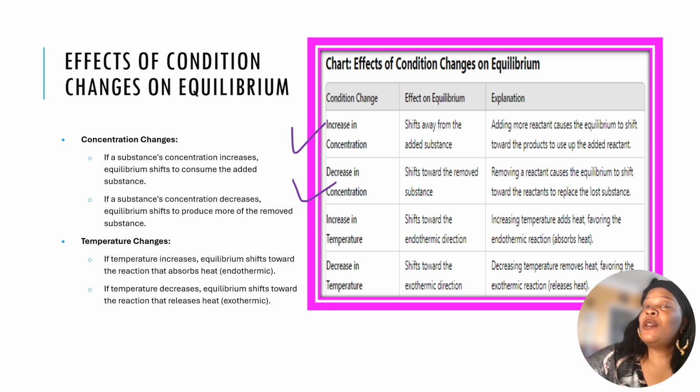On the other hand, if the temperature decreases, equilibrium is going to shift towards the reaction that releases heat, hence the word exothermic. Again, use this chart to your advantage in understanding what happens when you increase versus decrease the temperature.